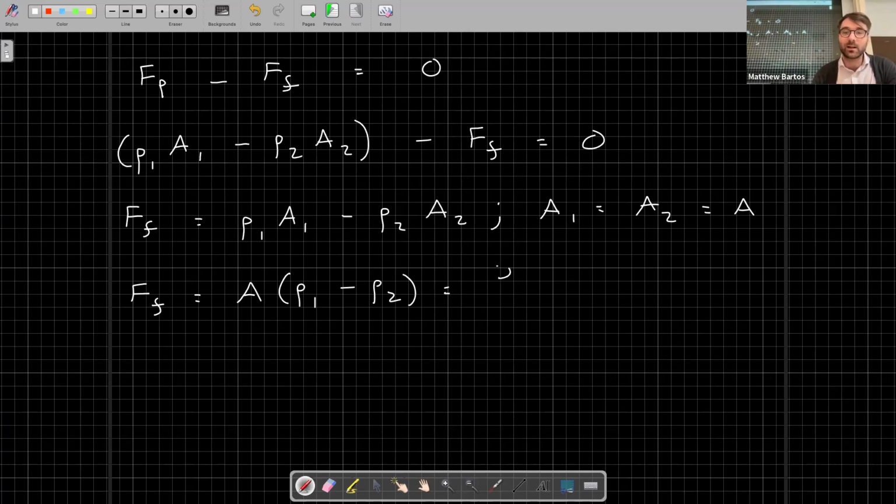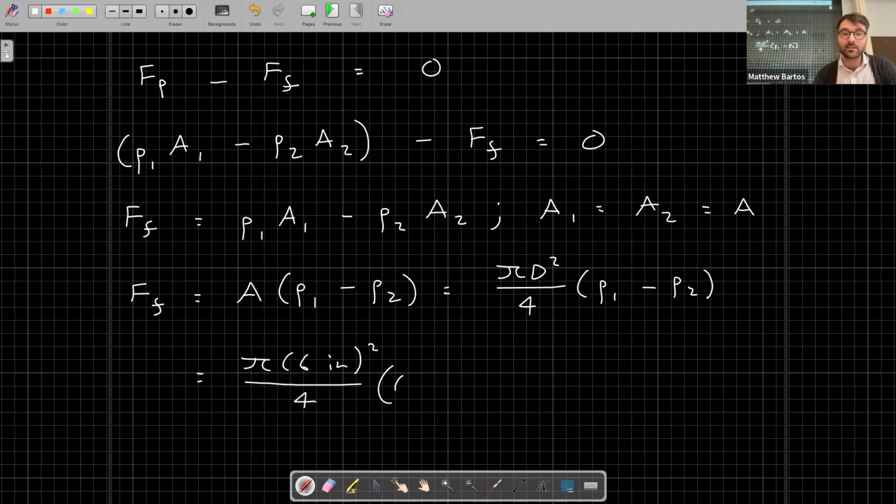That's going to be equal to pi times d squared divided by 4 times quantity P1 minus P2. This is going to be equal to pi times 6 inches squared divided by 4 times quantity 60 pounds per square inch minus 55 pounds per square inch, which is equal to 141 pounds.